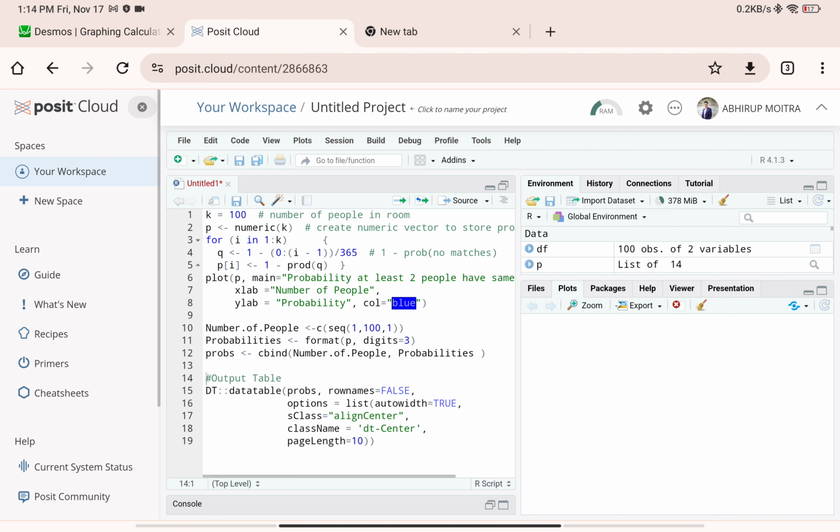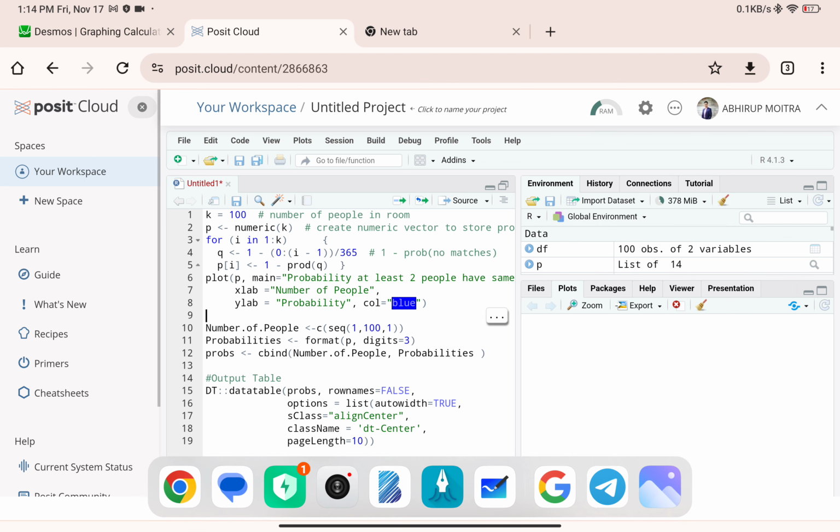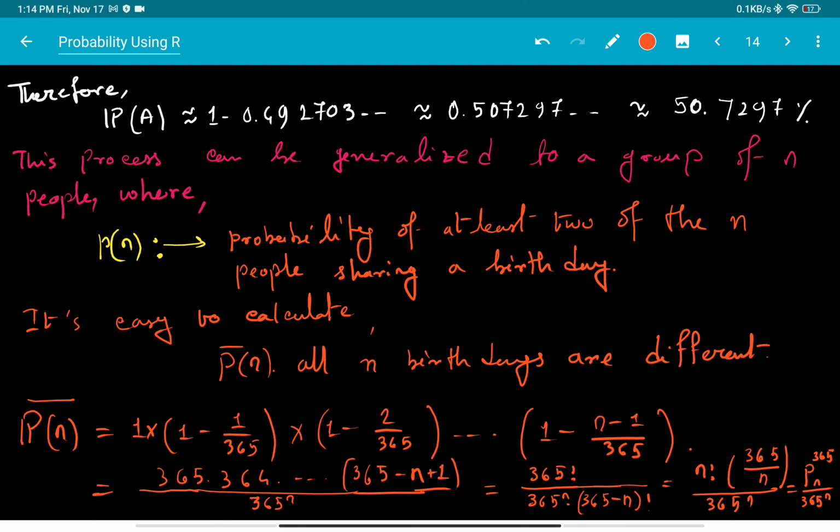So this line, line number 4, is 1 minus the probability of no matches. And this probability of I is storing all the 1 minus probabilities, the whole product.